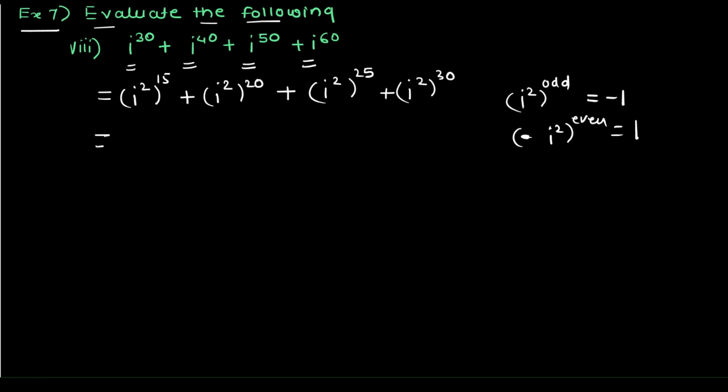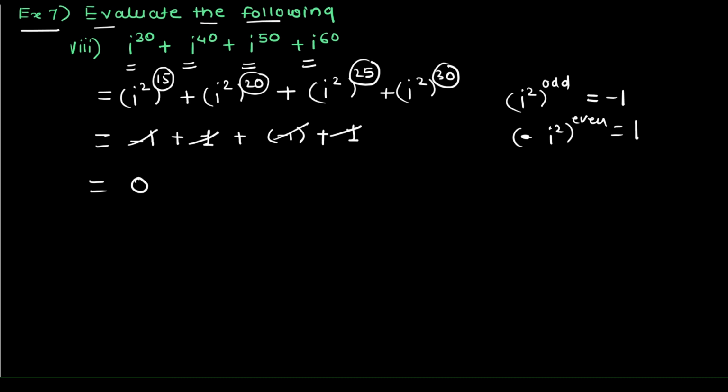So for that here we get i squared to the power 15 equal to minus 1, then plus i squared to the power 20 equal to plus 1, then plus i squared to the power 25 equal to minus 1, plus i squared to the power 30 equal to plus 1. So in this way we get minus 1 plus 1, again minus 1 plus 1 gets cancelled, and the answer will be equal to 0. So in this way we have to simplify that.